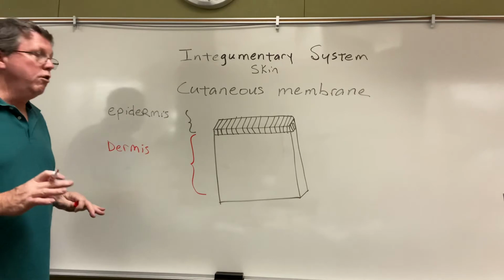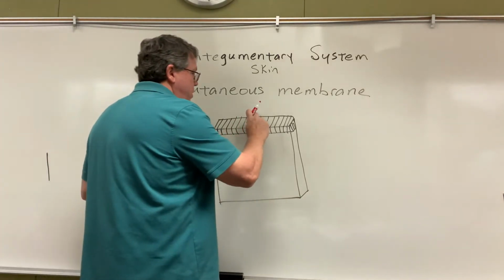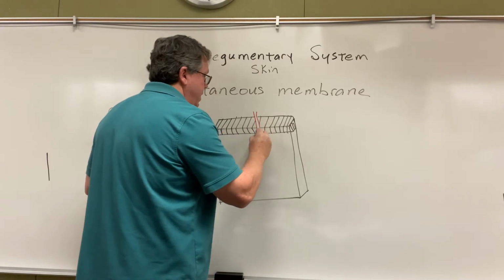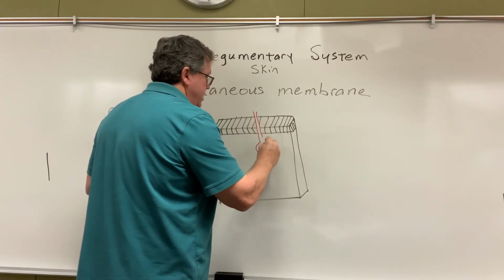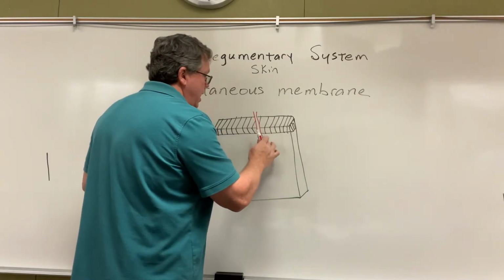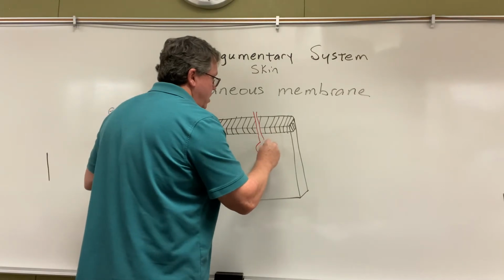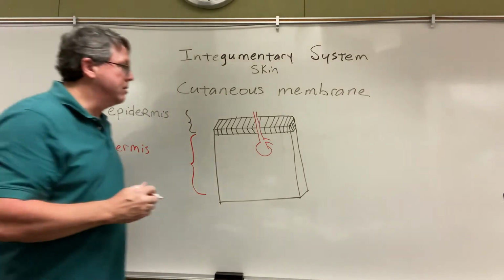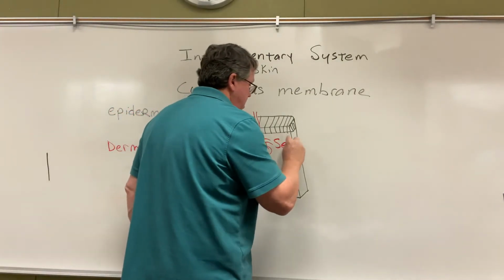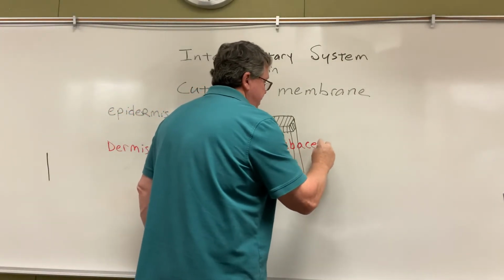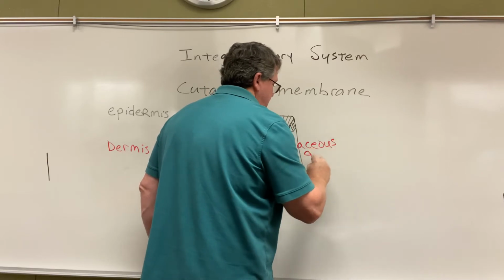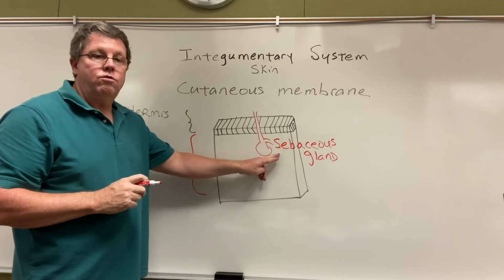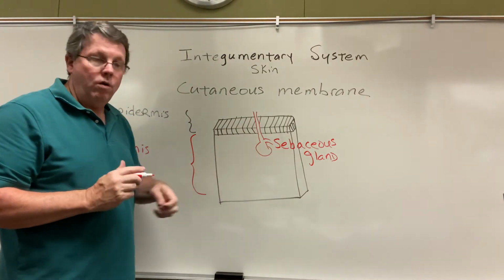So now in the dermis, we have a few different things. We are going to have hair follicles in here, in your dermis. So here's my hair follicle, and coming off your hair follicle, you actually have a gland that's called your sebaceous gland. And so the sebaceous gland secretes oil. So this gland is going to secrete oil that's going to go onto this hair.